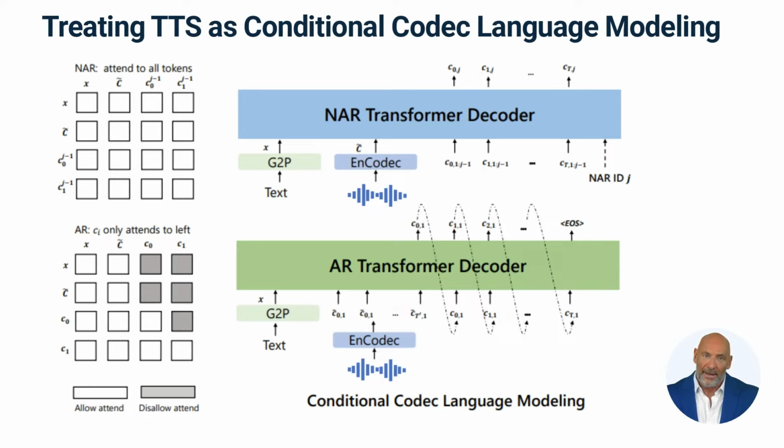Vall-e treats this as a conditional codec language modeling problem. It begins with a dataset composed of phoneme transcriptions and their corresponding audio samples. A pre-trained neural codec model is used to convert each audio sample into a set of discrete acoustic codes. These codes can then be recombined by a decoder to reconstruct the original audio.